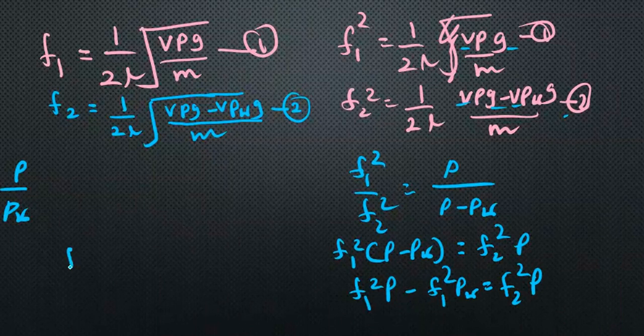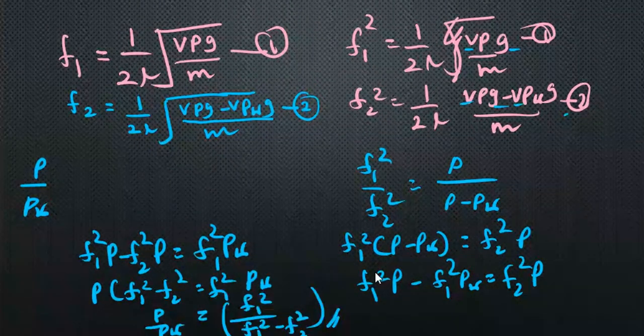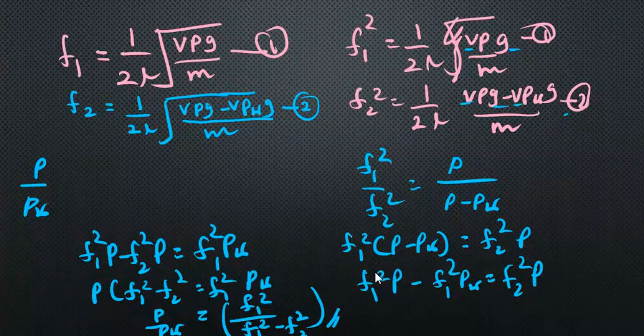I'm getting F1 squared rho minus F2 squared rho equals F1 squared rho W. So rho times F1 squared minus F2 squared. Here we are getting the answer: rho over rho W equals F1 squared divided by F1 squared minus F2 squared.